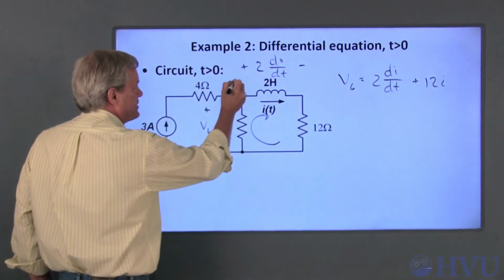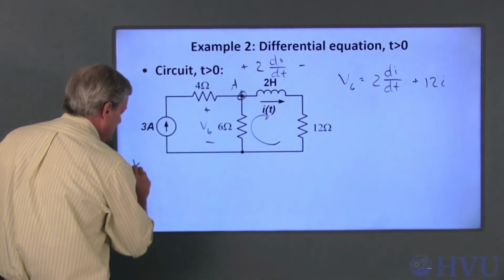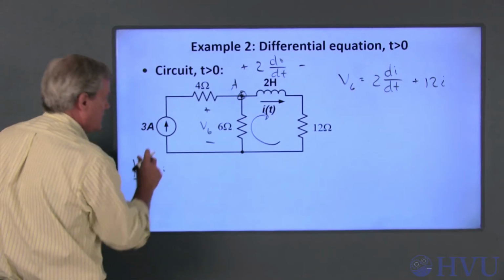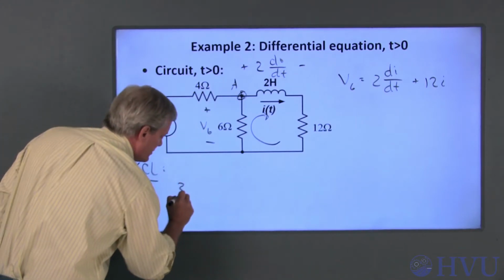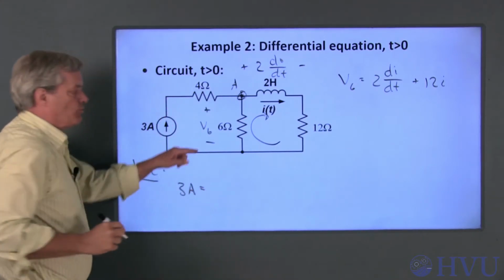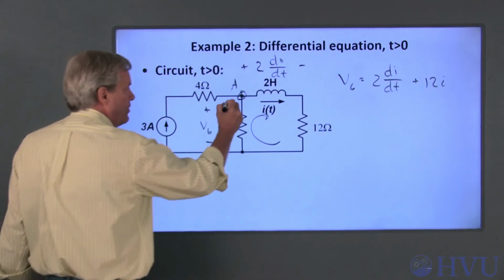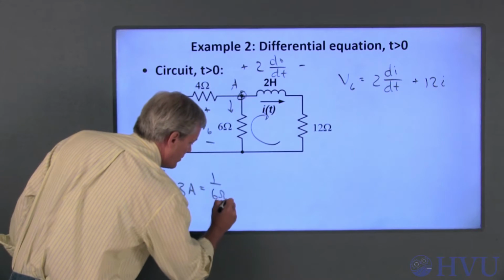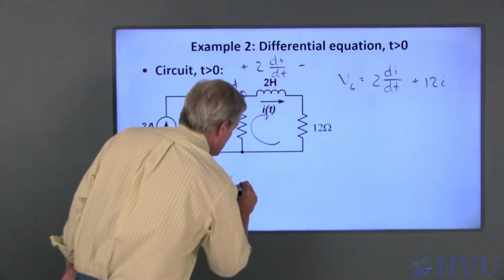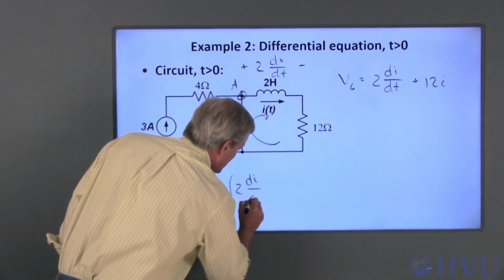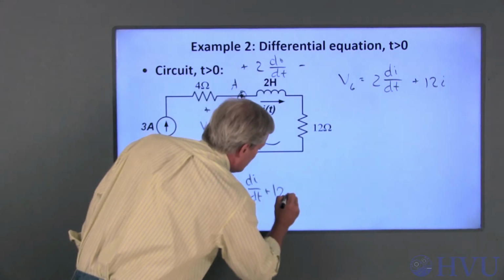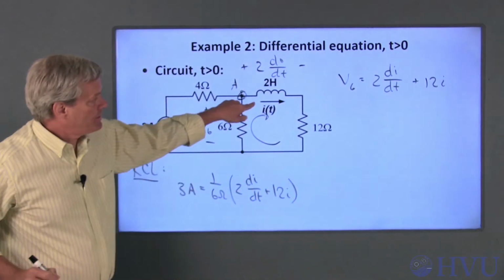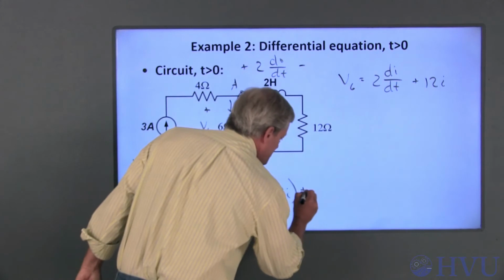Now, if I call this node A and do KCL at A, I have 3 amps going into the node. That's equal to the sum of the currents leaving the node. This current is equal to V6 over 6 ohms, so that's 1 over 6 ohms times this, which is 2 di by dt plus 12I, plus the current here, which is just I of t.